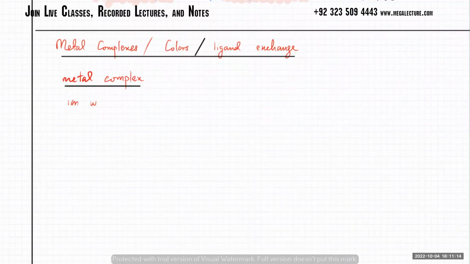A metal complex is an ion which is formed when a few things happen. When ligands datively bond with a central metal cation.